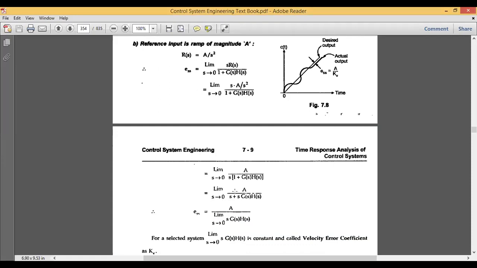Now apply the limits to the above equation. As A is constant, ESS is equal to A divided by limit s tends to 0, s multiplied by G of s into H of s.